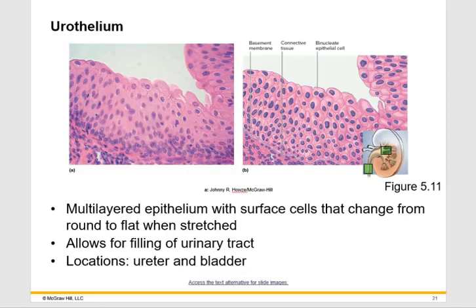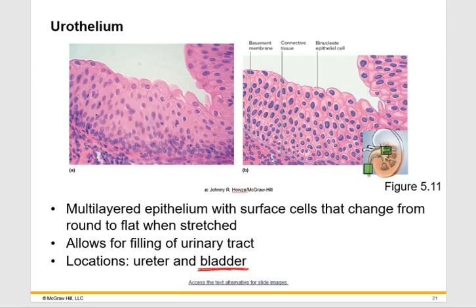And then the last one to look at is a very specialized type of stratified epithelium called urothelium, or sometimes transitional epithelium. This is found in really one major place in the body, and that is the bladder. They look like stratified or layered cells that are more round.